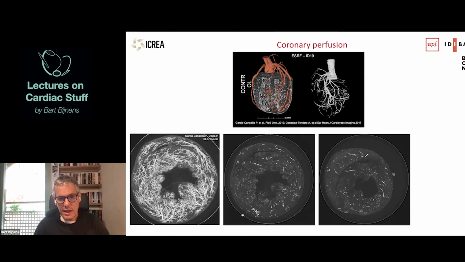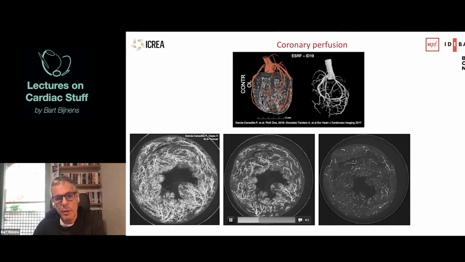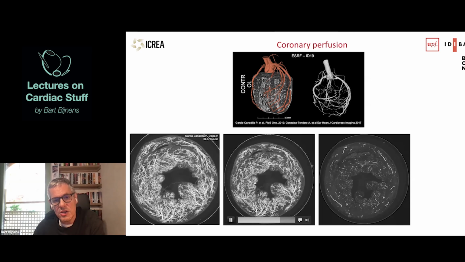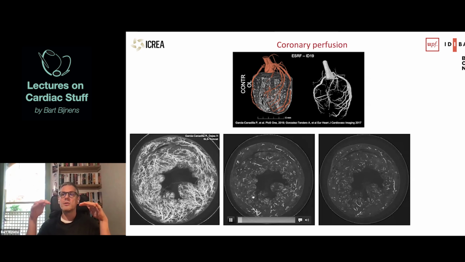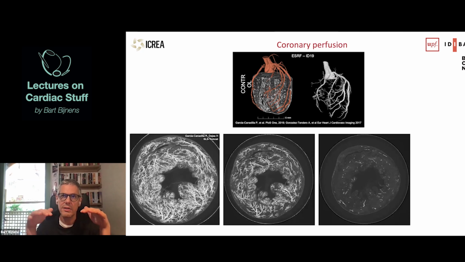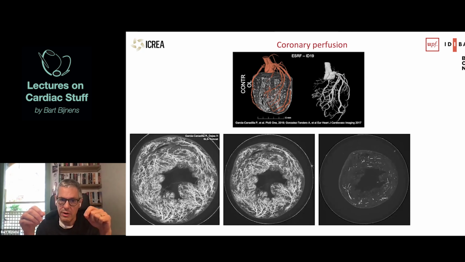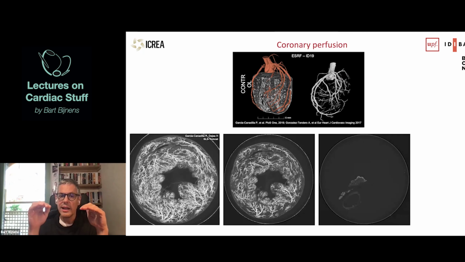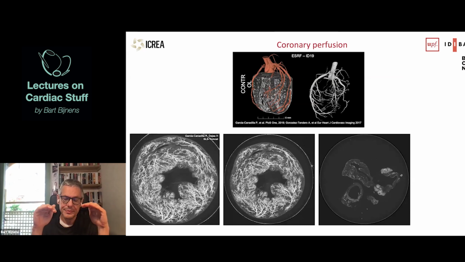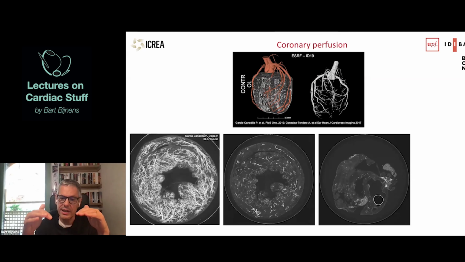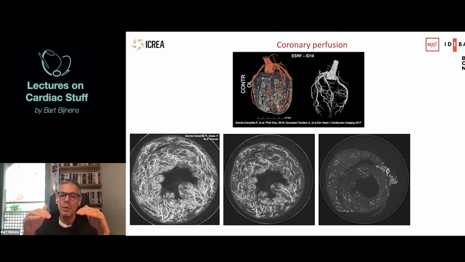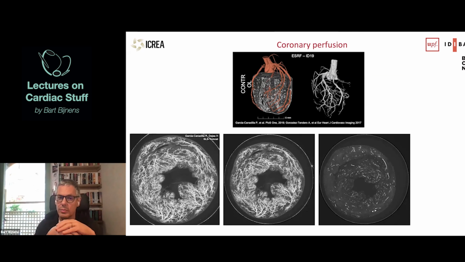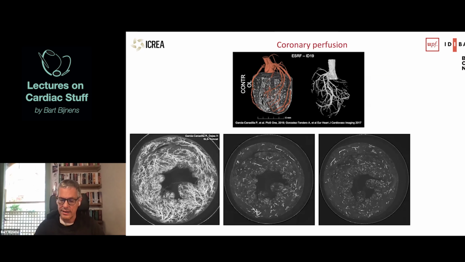What is important is that we have this dense network coming from epicardially. That means that the smallest and most distal vessels, the furthest away from the coronary arteries, are in the endocardium. As we will see later on, because of this, the endocardium is much more prone to perfusion problems than the epicardium.